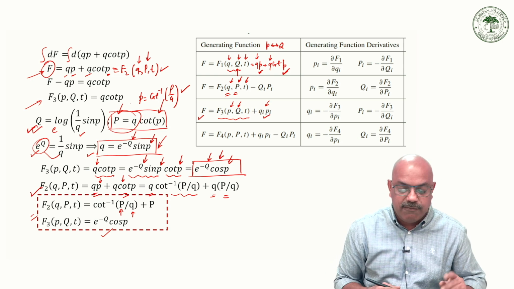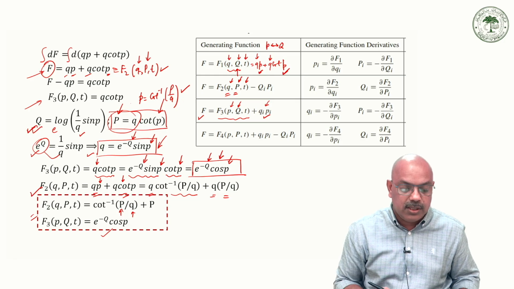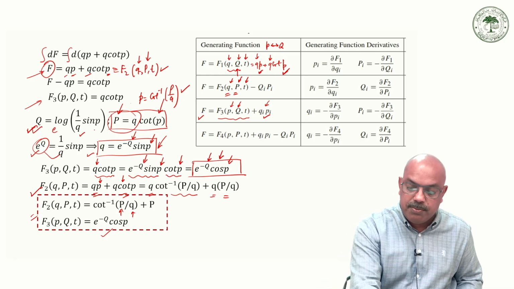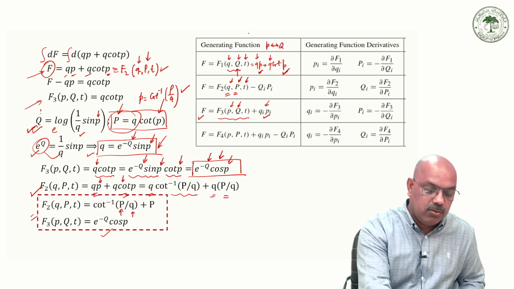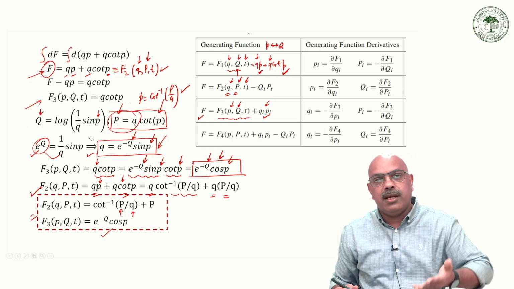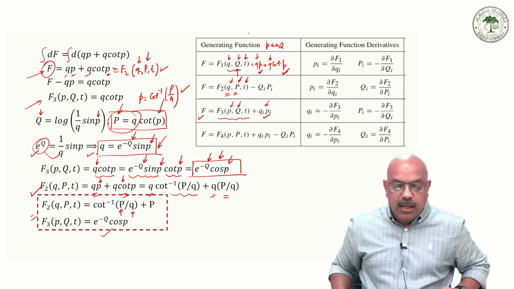And that can be done from here, because you know that a small p and capital Q are related using this relation. So you can do this by replacing this. Okay.